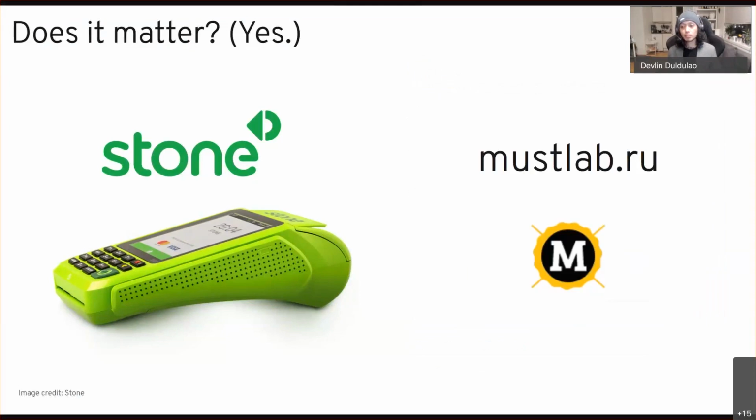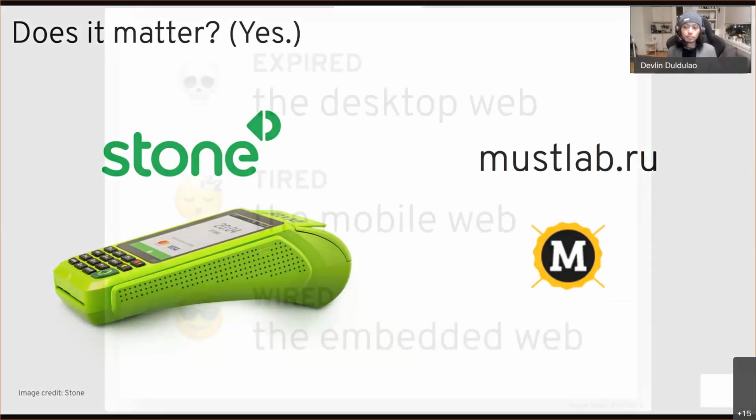MozLab is a company in Russia that uses Svelte to build applications for smart TVs. Here's what you can notice. POS and smart TVs are all pretty low power devices, right? And this is a trend that is only going to increase.